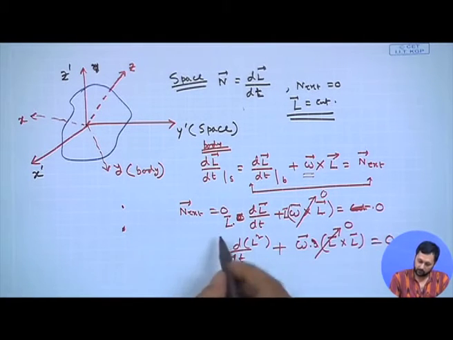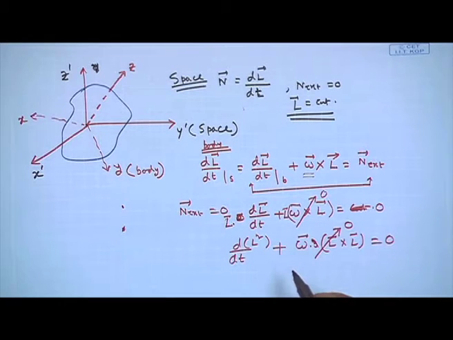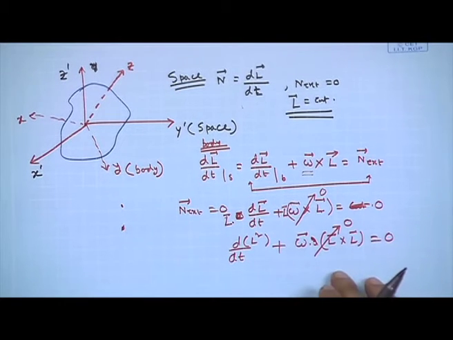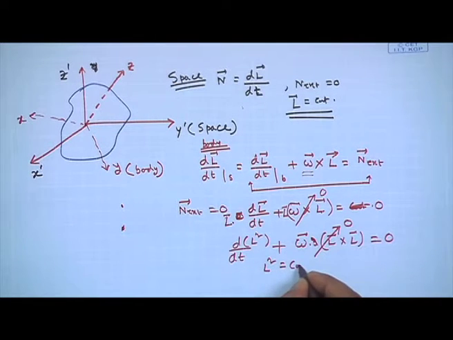So, when you set n external equal to 0, sitting at the body frame of reference, you get L squared equal to constant.